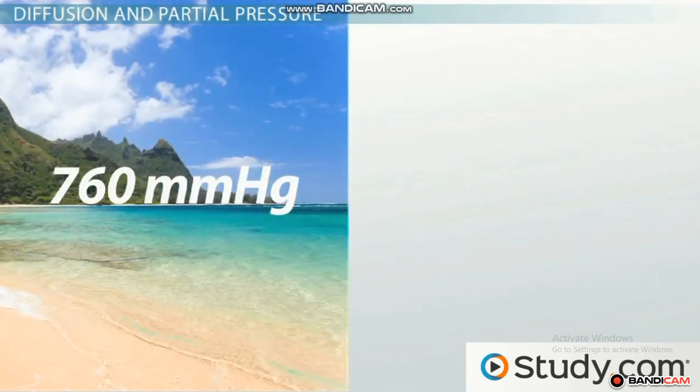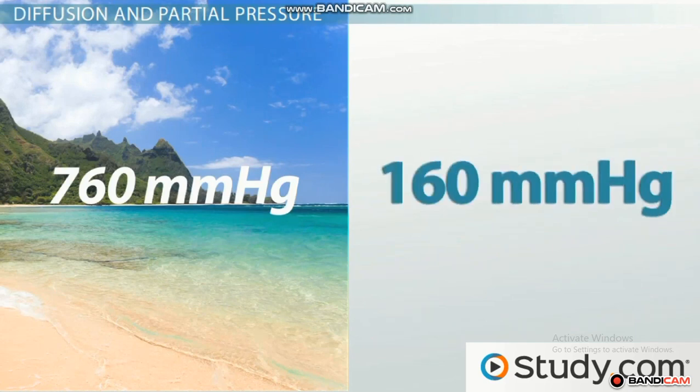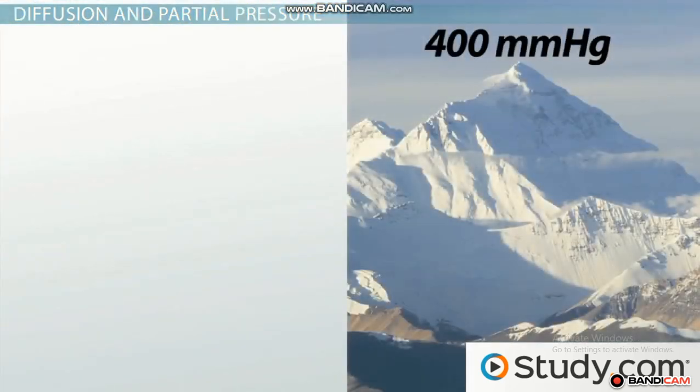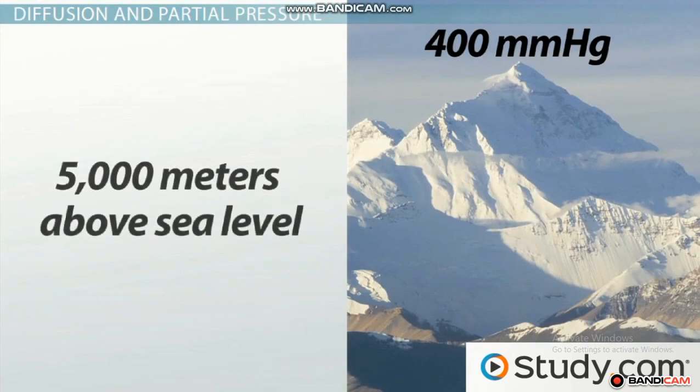At sea level, atmospheric pressure is 760 millimeters of mercury. Therefore, the partial pressure of oxygen would be 160 millimeters of mercury, or 760 millimeters of mercury times 0.21. The base camp for Mount Everest is about 5,000 meters above sea level, and the atmospheric pressure there is only about 400 millimeters of mercury.